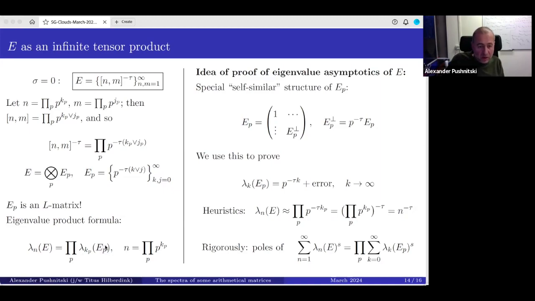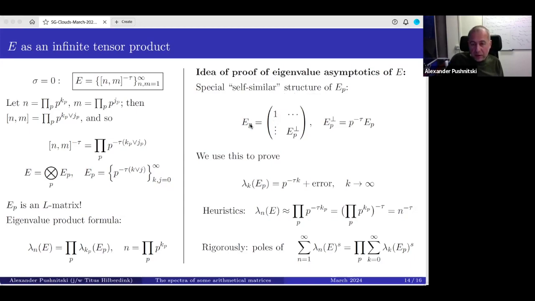Okay, so now based on this, the idea of the proof was the following. We look at this EP, and we notice that the pth term in this product, it's an L matrix, but it also has an interesting self-similar scaling structure.